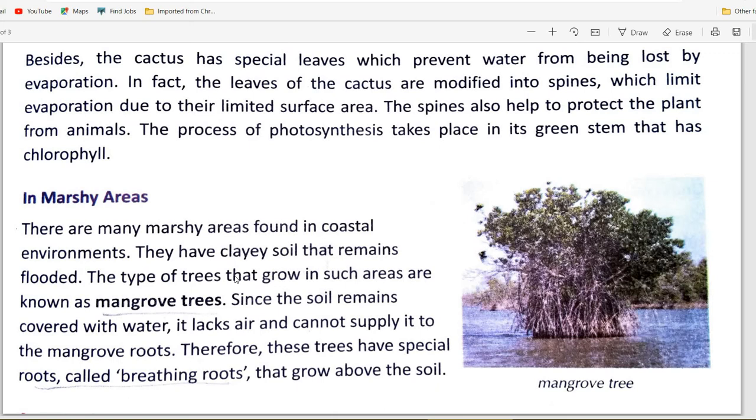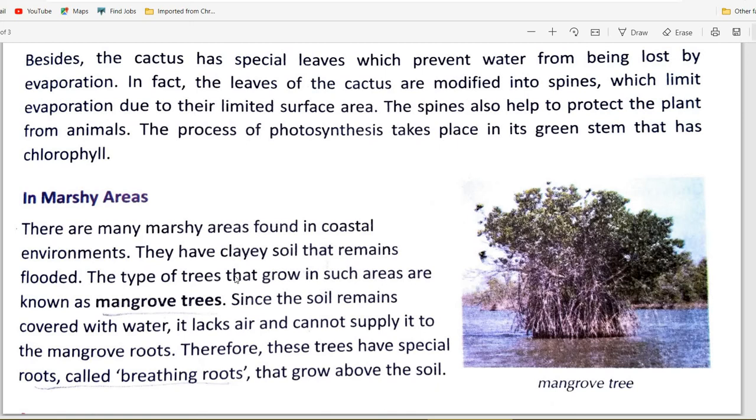And these type of trees that grow in marshy areas are known as mangrove trees. And because they are having a special type of roots which come out from soil, we can see roots of these plants hanging on the branches.